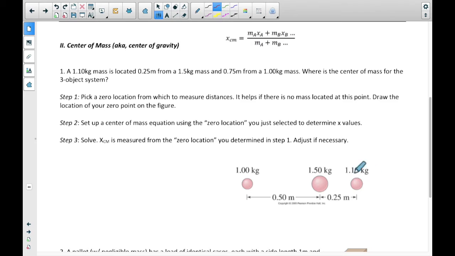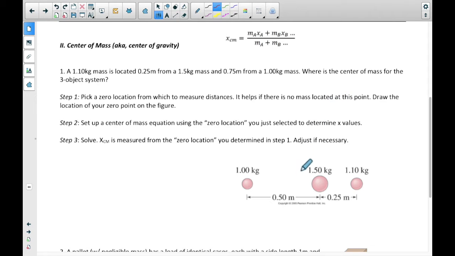We have a 1.10 kilogram mass 0.25 meters away from a 1.5 kilogram mass, and also 0.75 meters away from a 1 kilogram mass. Notice 0.5 plus 0.25 is 0.75, so that's where that's coming from. The question is, where is the center of mass for the three-object system?